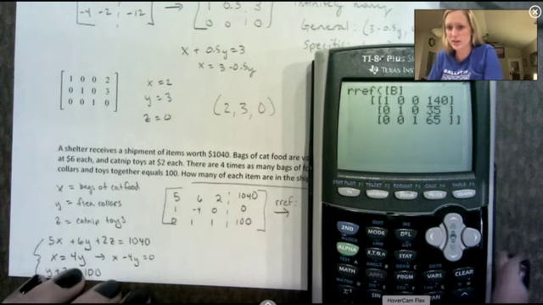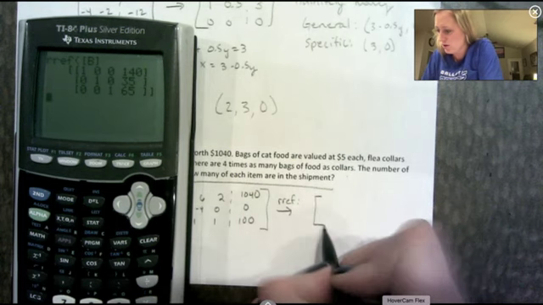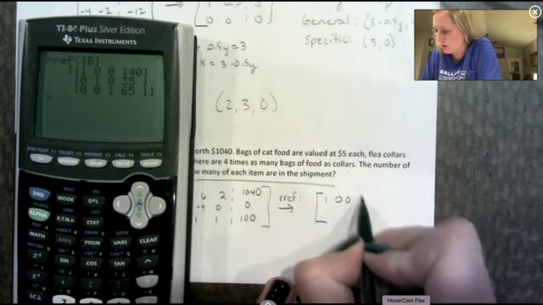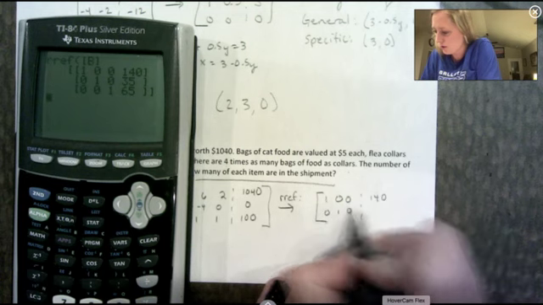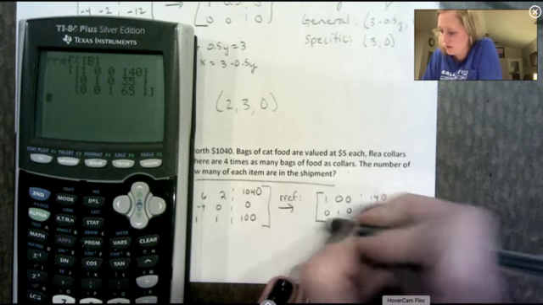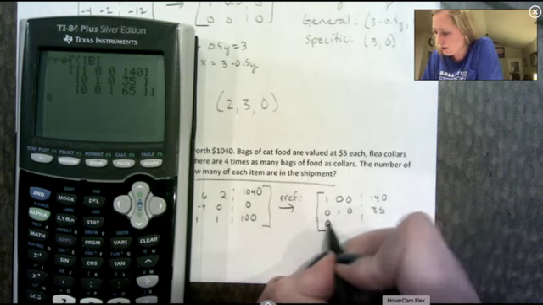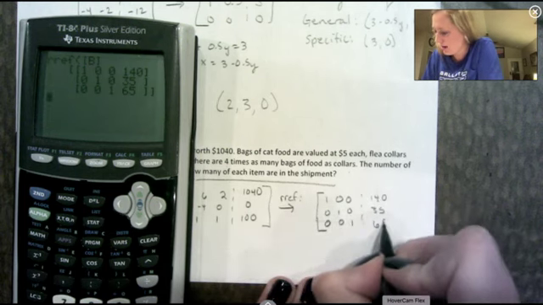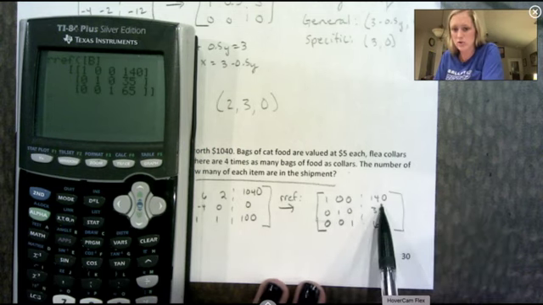All right, so here is our reduced row echelon form. We have 1, 0, 0, 140, 0, 1, 0, 35, 0, 0, 1, 65. Okay, so this is a one solution example. 1x equals 140.